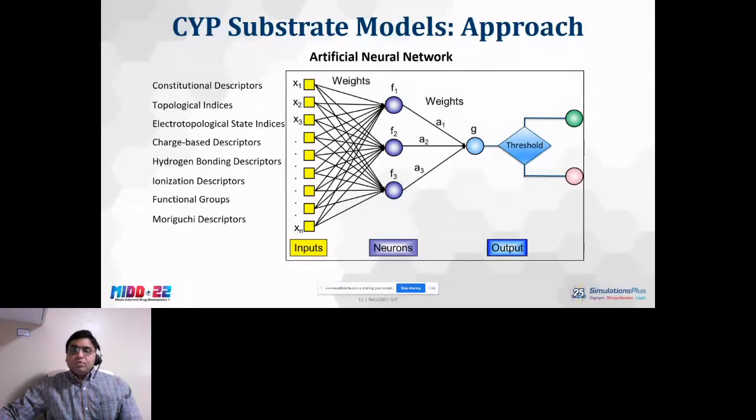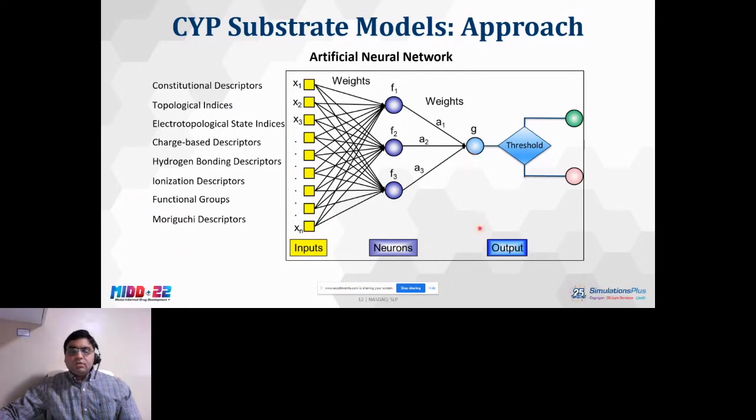But the most important part, which I would like to focus on, is that we have more than 300 molecular descriptors available in ADMET Predictor. We use these descriptors and an artificial neural network method to build the model, wherein we have one hidden layer finally leading to an output.